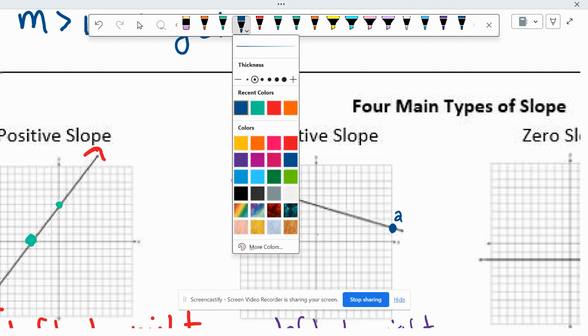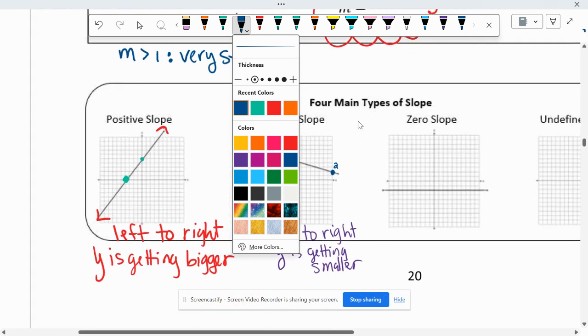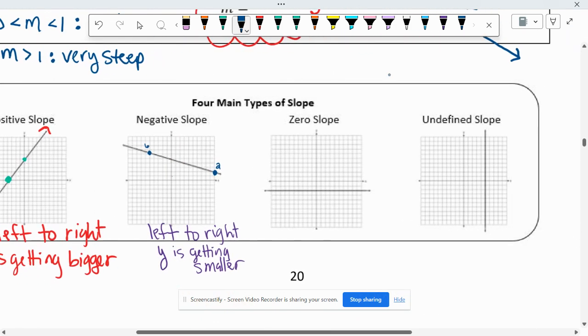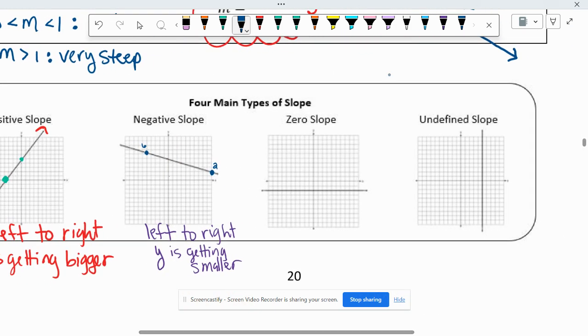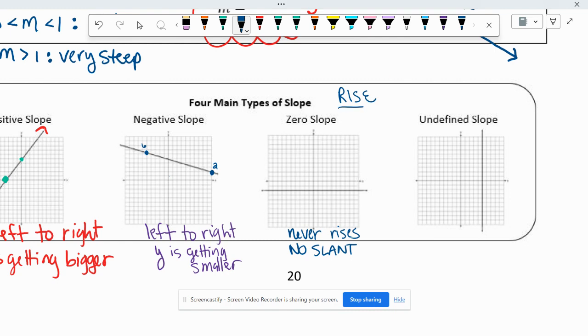Then we have two types of slope for horizontal and vertical lines. So 0 slope means that your graph never rises. There's no slant. When we think about slope, slope is rise over run.